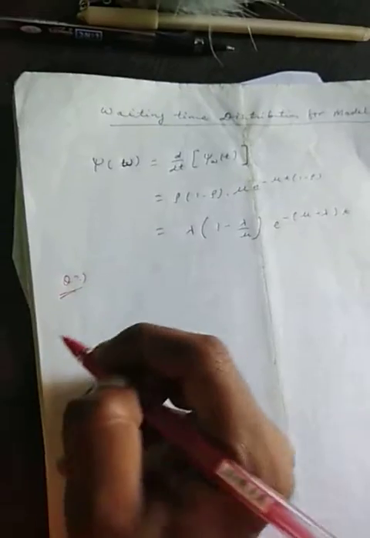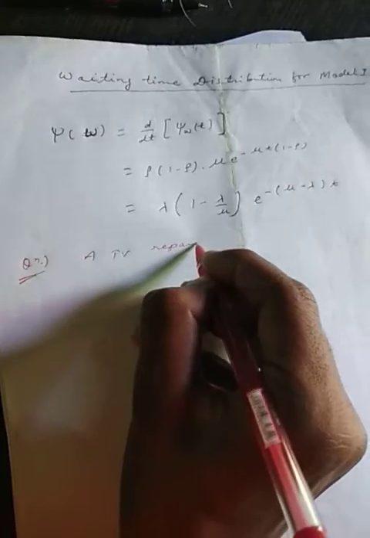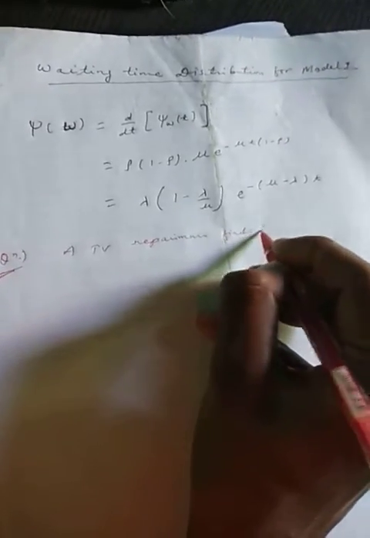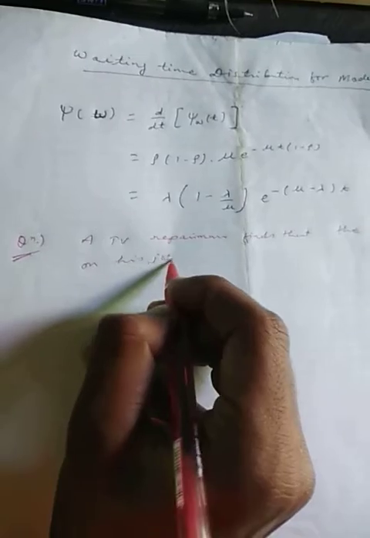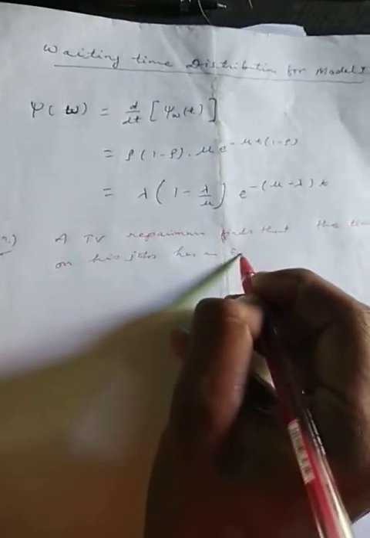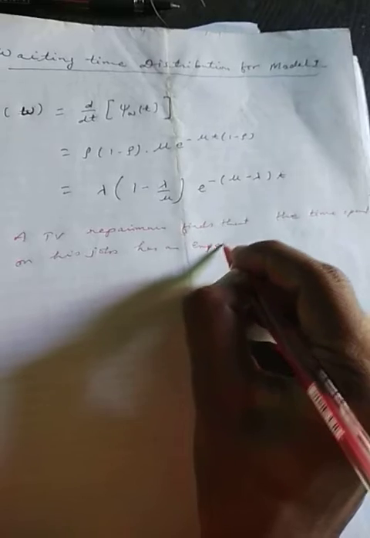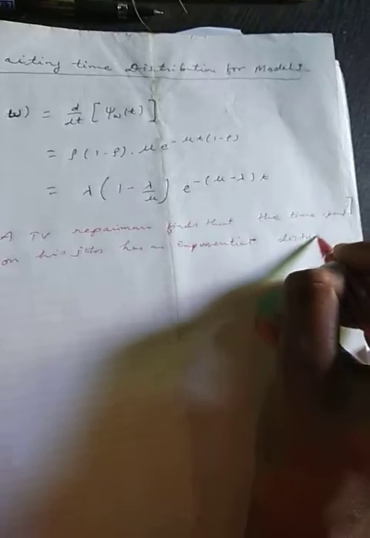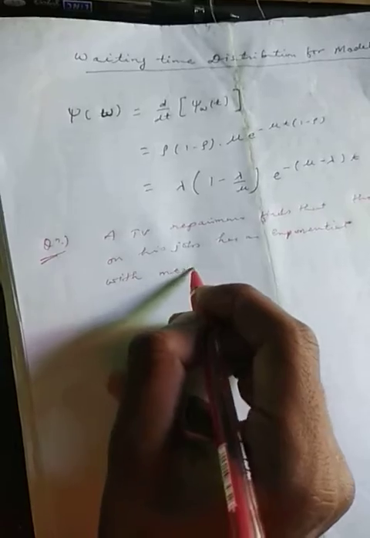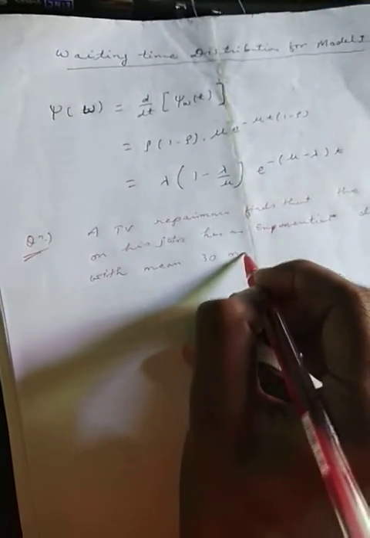Okay, now a very important question is that a TV repairman finds that the time spent on his jobs has an exponential distribution with mean 30 minutes.